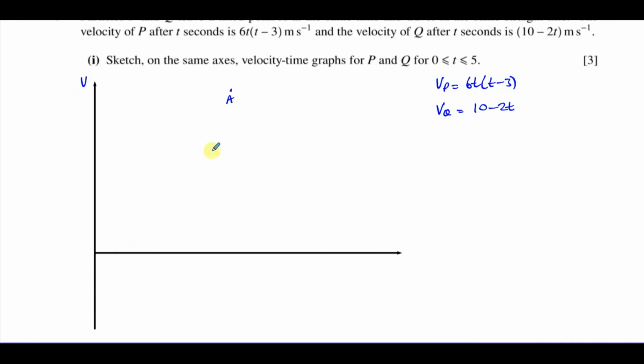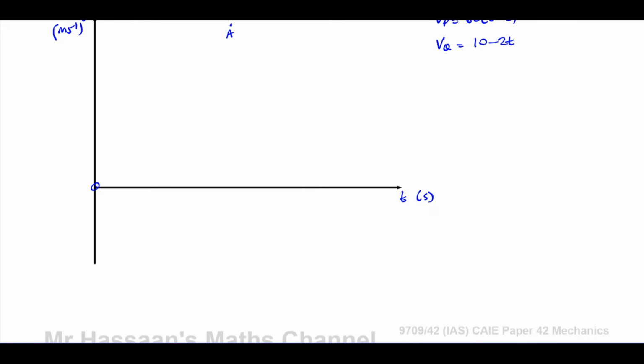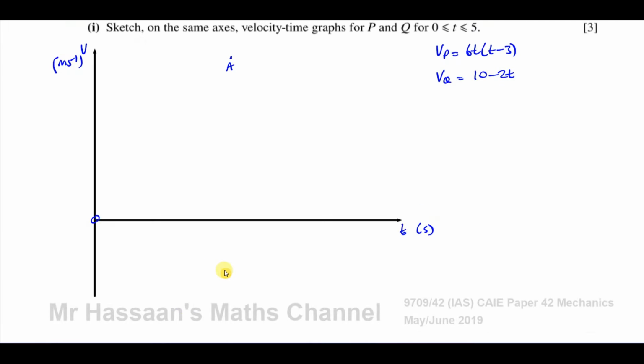The velocity is in meters per second and the time is in seconds. Now we want to sketch both graphs on the same axes, so I'm going to look at each of these separately.